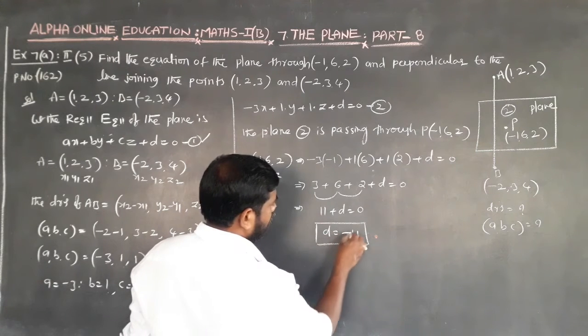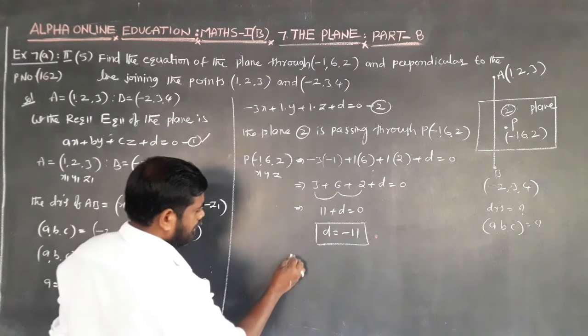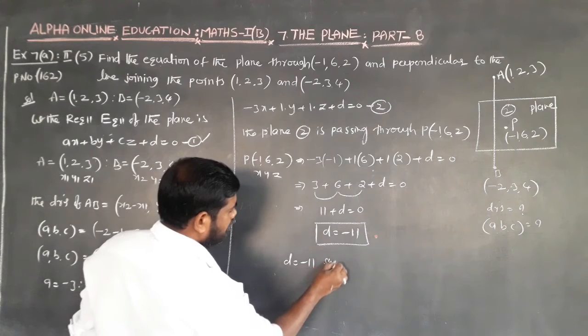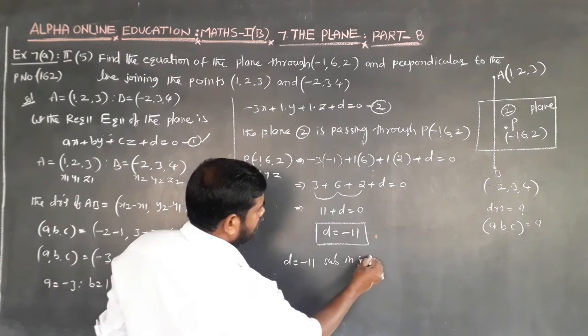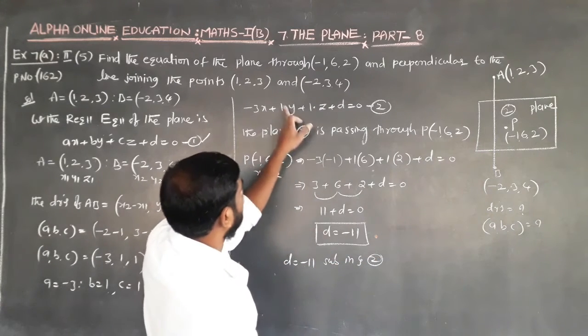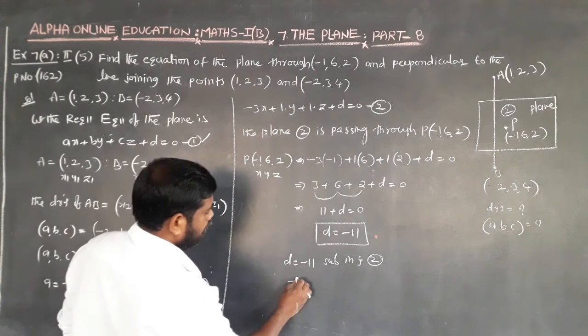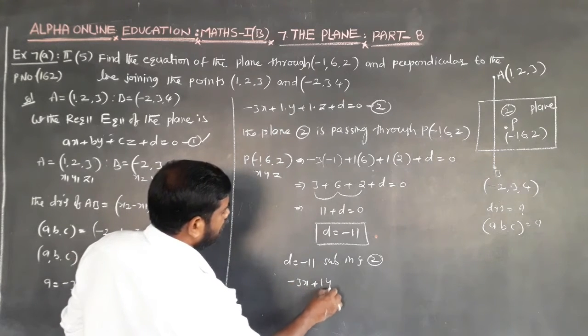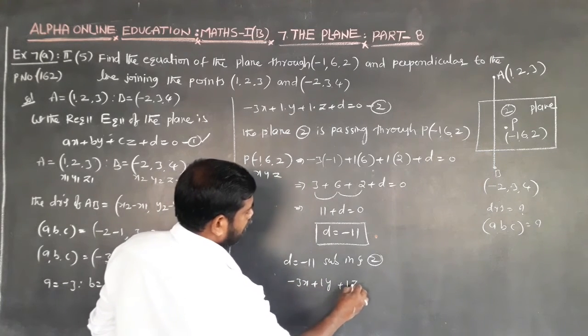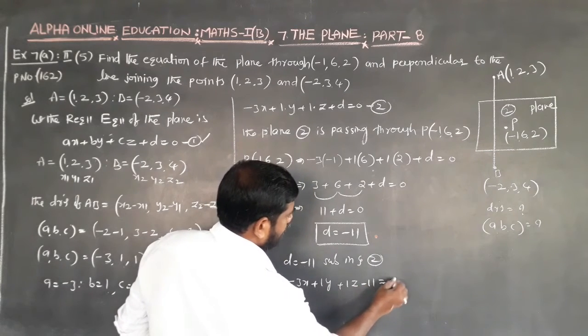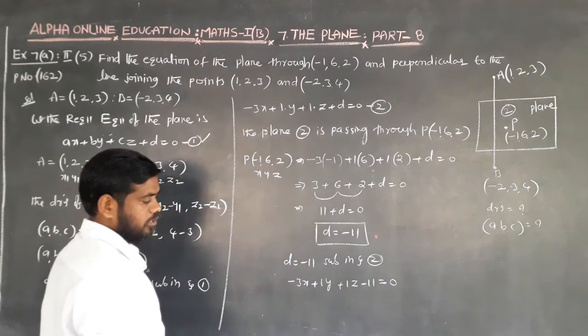So d is equal to minus 11. Substitute in equation number 2: -3x plus y plus z minus 11 equal to 0.